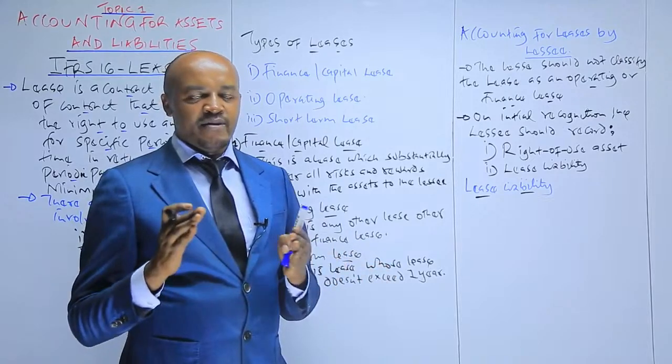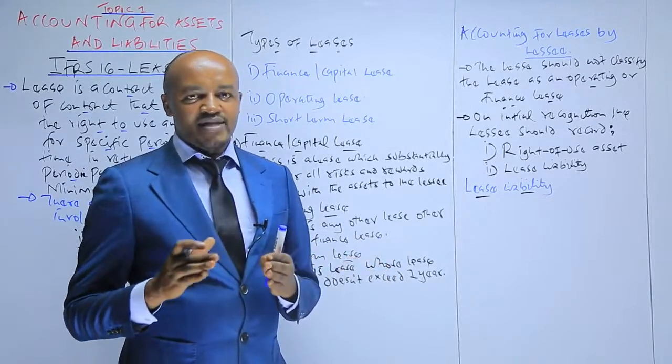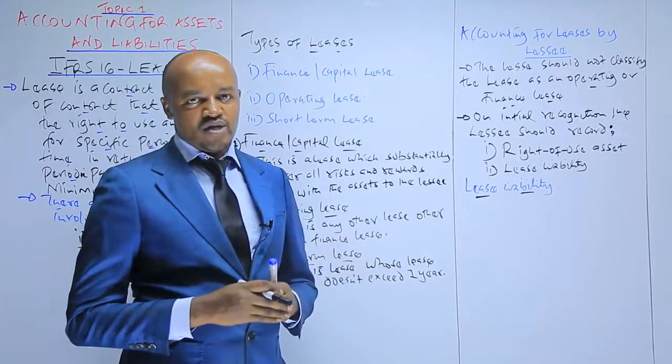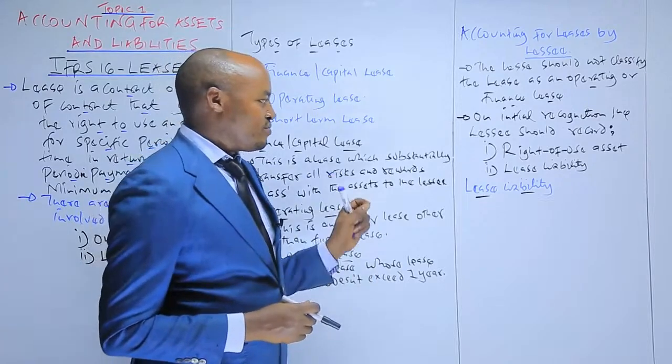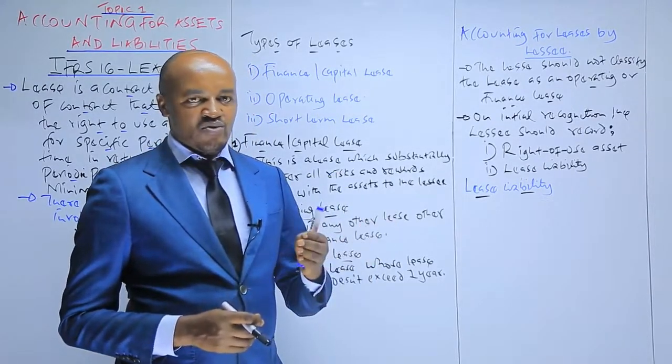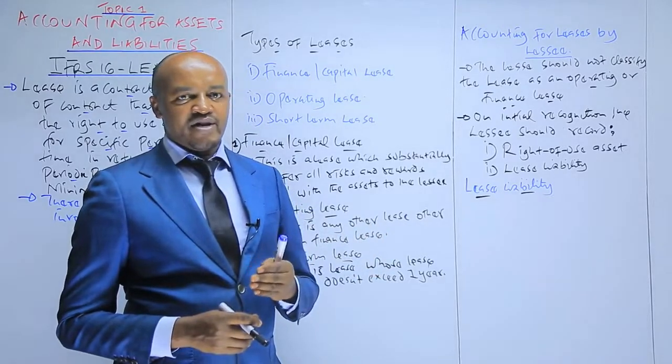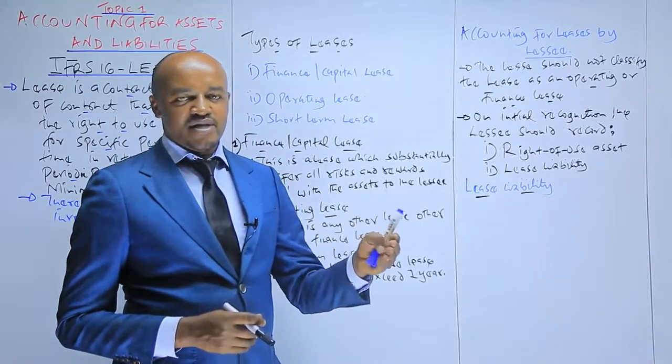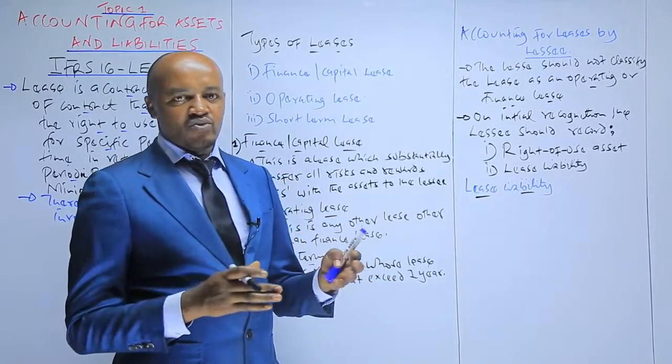Remember, in this case, you have said the minimum lease rentals is the rent to be paid on an annual basis. So for you to determine the lease liability, you have to discount, or basically get the present value of the minimum lease rentals you are going to pay over the lease term.